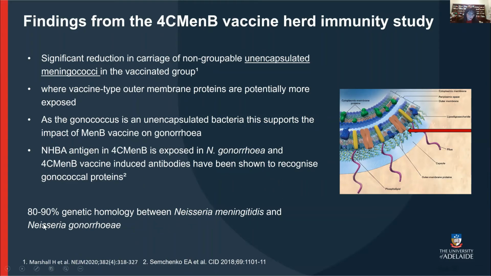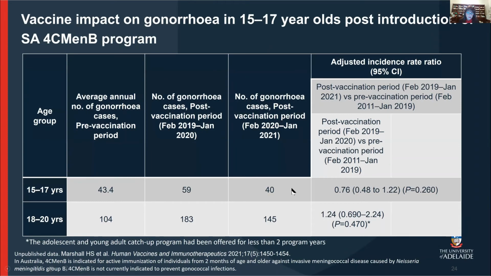And many of you will be aware that there's this high genetic homology between both Neisseria meningitidis and Neisseria gonorrhoeae. So with all of that, we, of course, were interested in understanding any impact that we might see in our state program in South Australia.